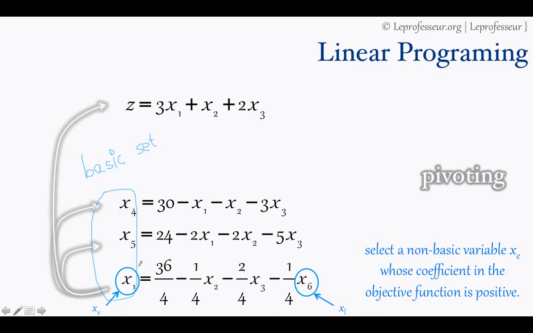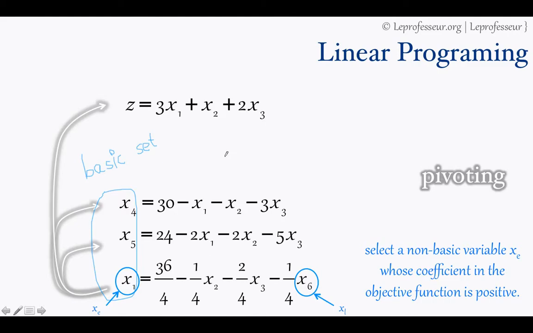So in the first iteration we did that. In the next iteration we would get rid of another variable, x5, a slack variable which is our basic variable now, and introduce a new basic variable, and then x4, until we find that we can't optimize or maximize the value of our objective function.